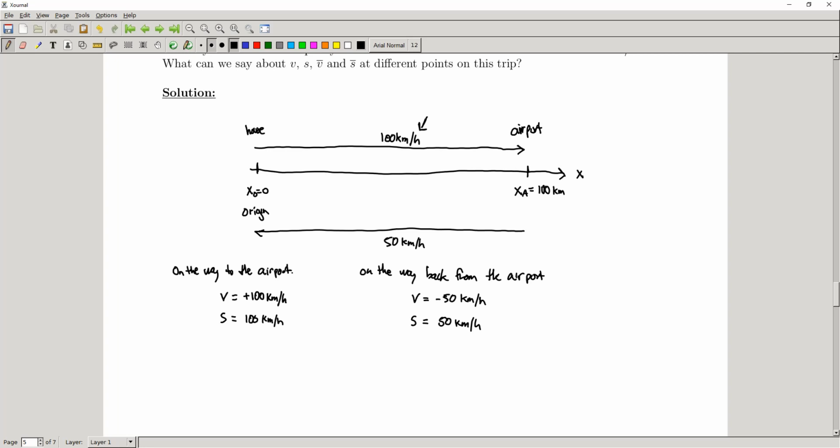Okay, now what is our average velocity for the full trip? Okay, so for the full trip, what is our average velocity?